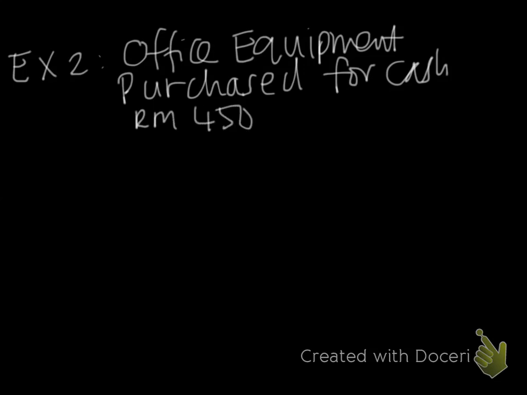So back to the 3 steps that I explained before. First, you identify the 2 accounts affected. From here you should know the 2 accounts affected from this transaction are the office equipment account and also the cash account.